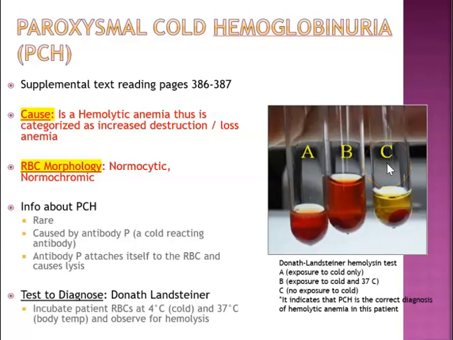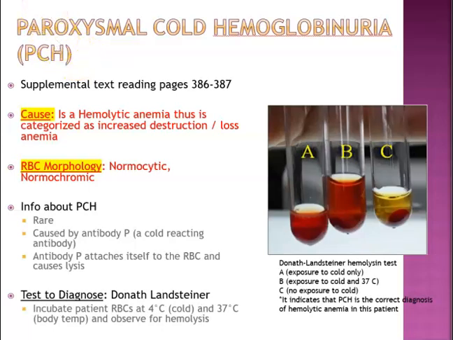And then finally, the last tube, the patient sample, was exposed to warm only and no exposure to cold of 4 degrees Celsius. So we look for hemolysis. Of course, we have hemolysis, or the blood cells have lysed in tube A and tube B. So these tubes would prove that we are positive for PCH.